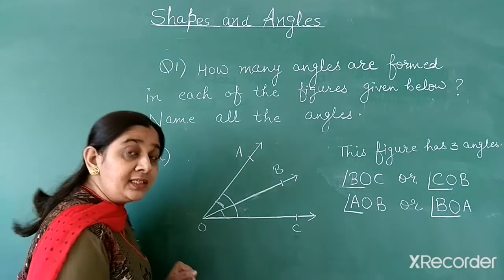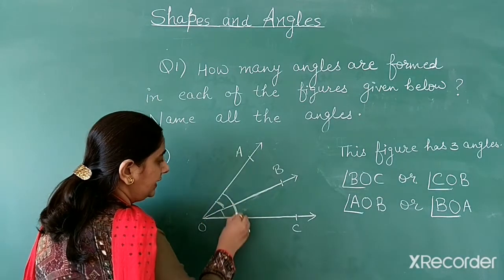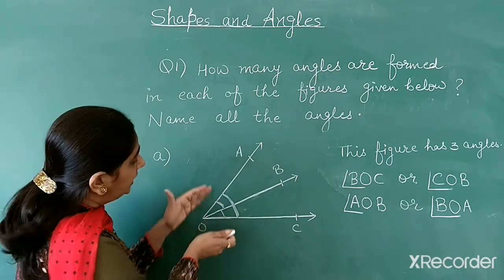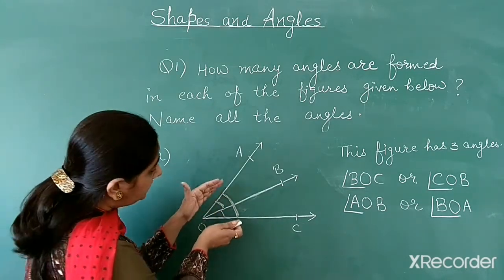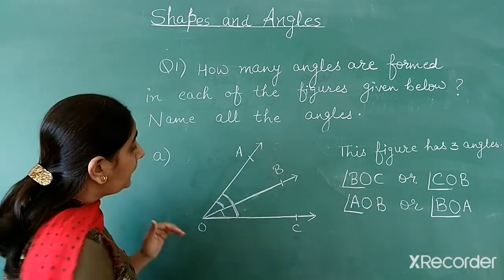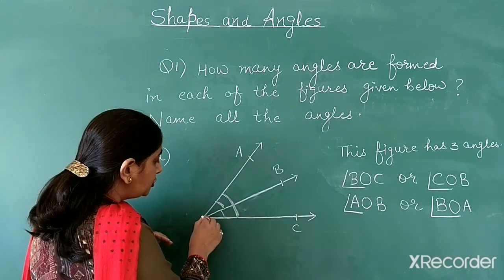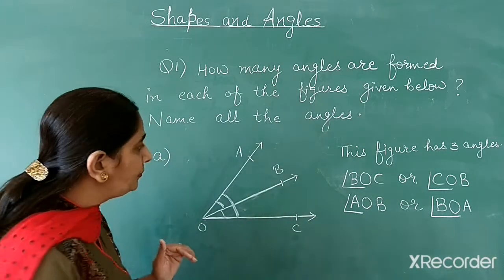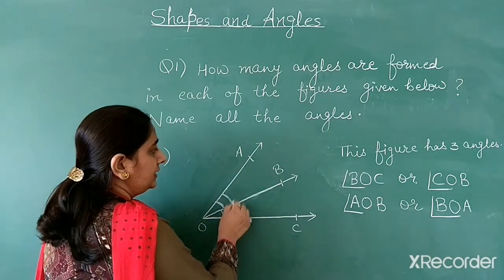Now we will write the name of the third angle. This is our third angle, this bigger angle. And if you join these two smaller angles, you will get this bigger angle. Now we will write the name of this bigger angle. This angle is made by the two rays OA and OC. So we will write the name of this angle now.